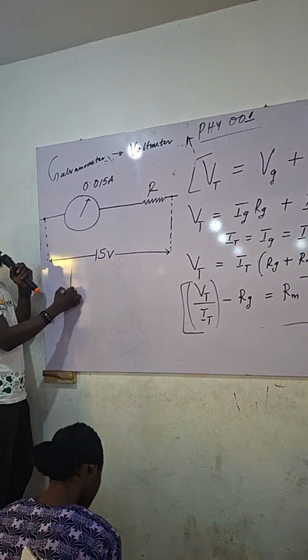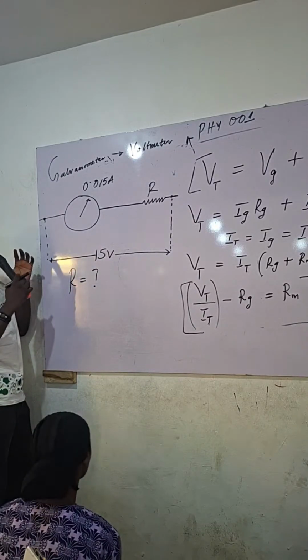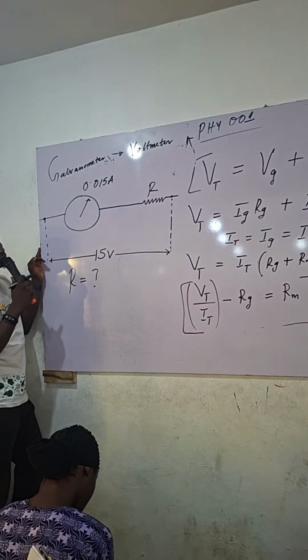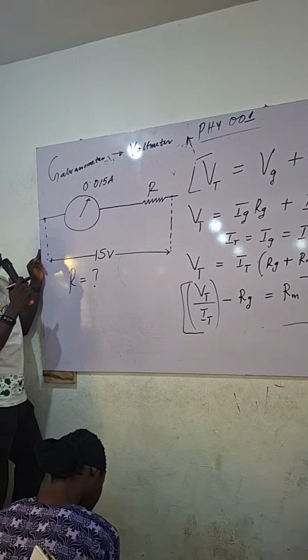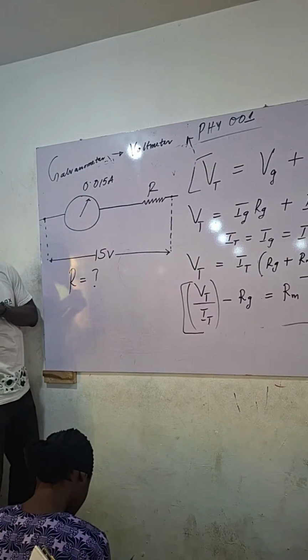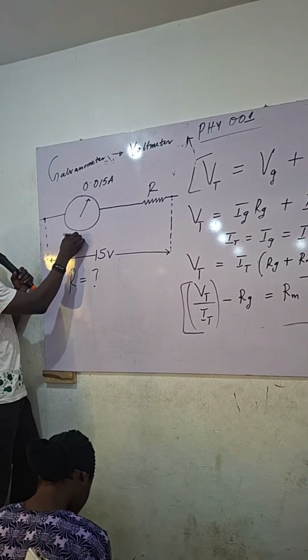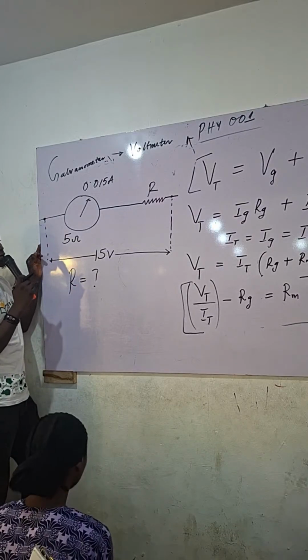So in this question now, you are looking for R. I'm already thinking about where is the resistance for this.